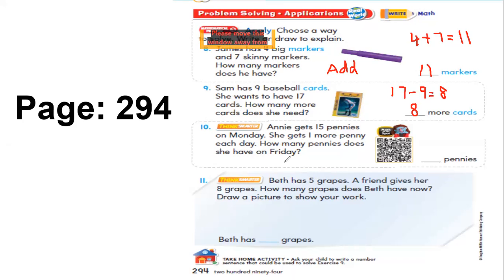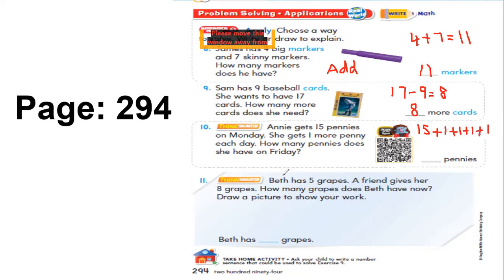So we are going to count the days and then count one more each day. Annie gets 15 first on Monday. And then Tuesday she gets 1. Wednesday she gets 1. And Thursday she gets 1. And then she gets 1 on Friday.